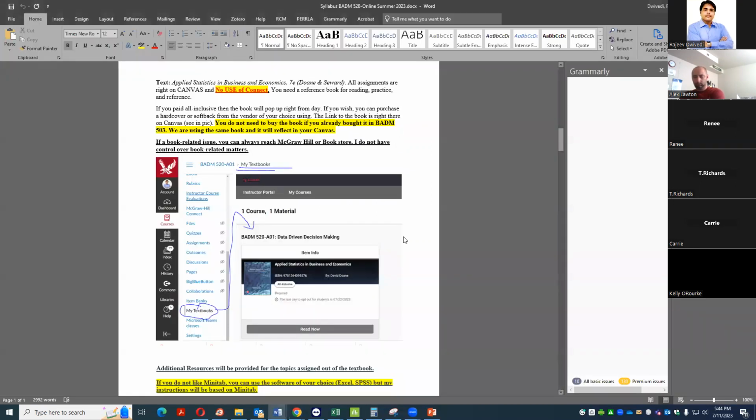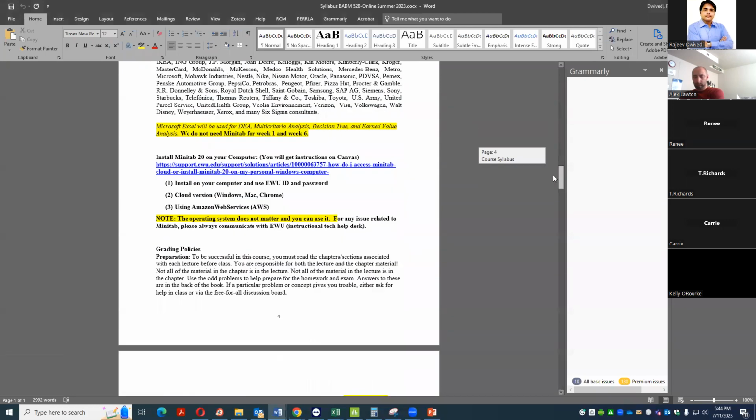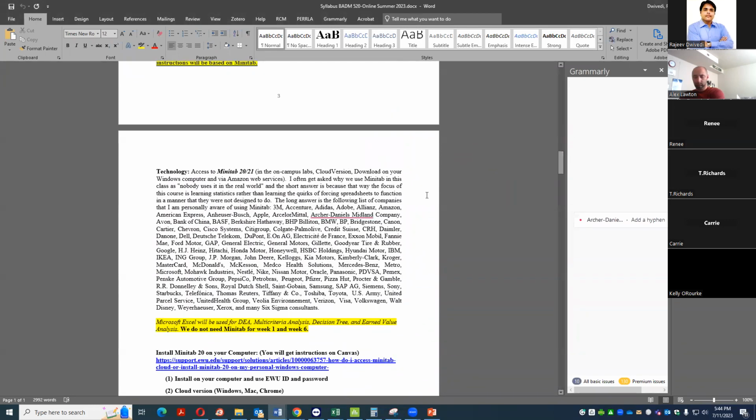Okay, now a very important question: why are we using Minitab? It's the easiest tool to do statistics, and for the last 20 years Eastern Washington University has been using Minitab for teaching statistics and data-driven decision making. So this is the second thing. The third thing is that if you find it very difficult to use it, you can use the tool that is available at your disposal.